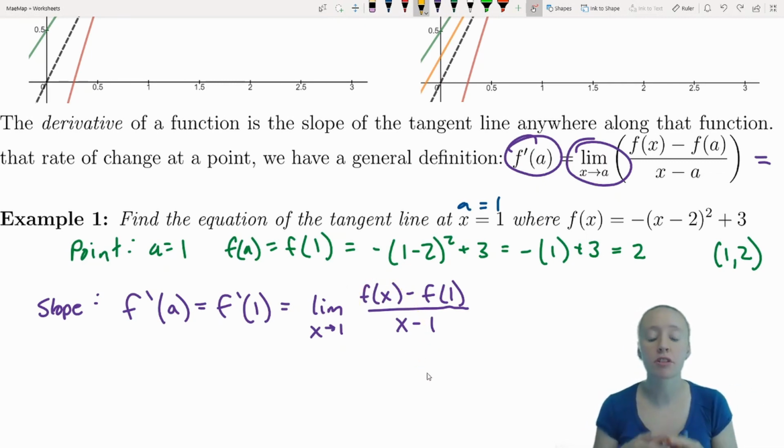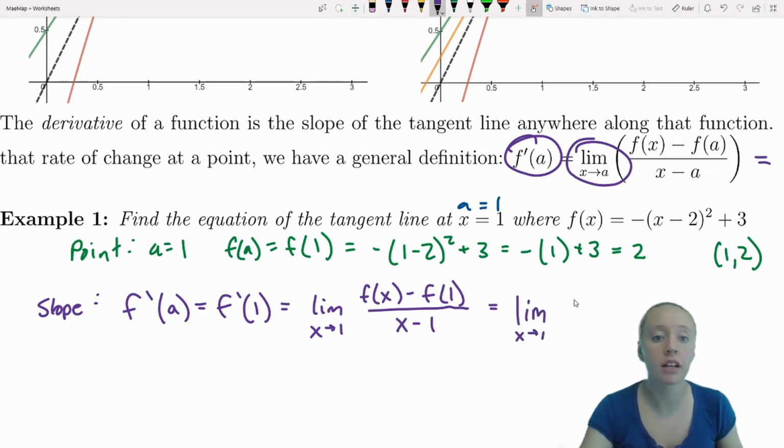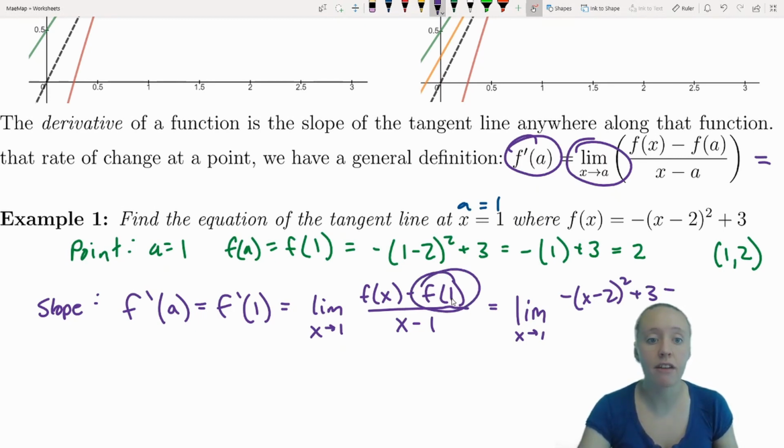Now I won't be able to solve my limit yet because I need to plug my function in. So let's plug our function in and then simplify to solve. So we're going to have the limit as x approaches 1 of f of x, which is negative (x minus 2) squared plus 3, minus f of 1, which we got as our function value of 2.